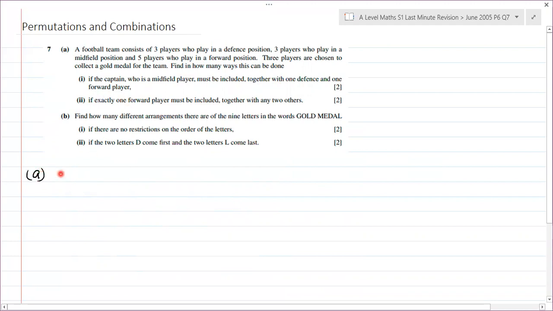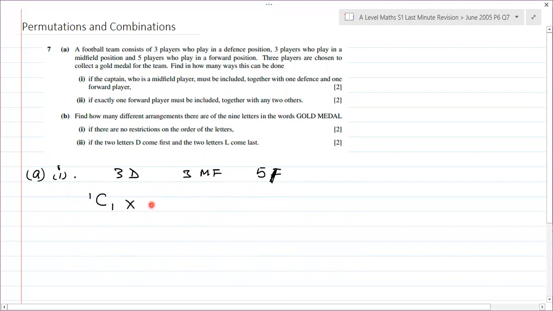So part 1, we have 3 defense players, 3 midfield players, and 5 forward players. If a captain who is a midfielder is selected, so that 1C1 is selected for sure.